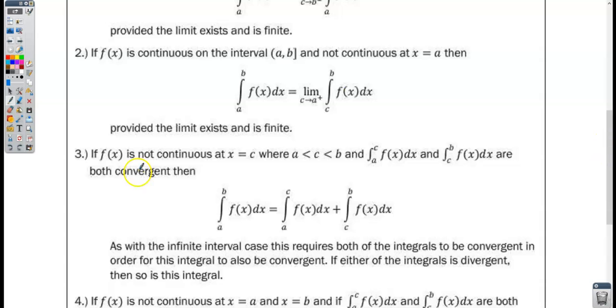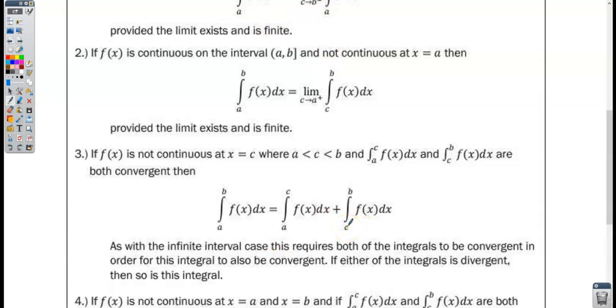If f of x is not continuous at c, where c is in the interior of the interval, we're talking about discontinuities at the endpoints in number 1 and 2 here, but here we're talking about a discontinuity in the middle of the interval. If that's the case, we're going to break this integral up into 2 integrals, the integral from a to c of the function, plus the integral from c to b of the function, and we're going to use both of these earlier scenarios to break this up.